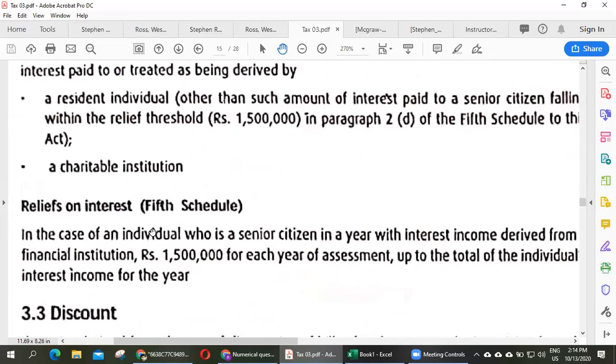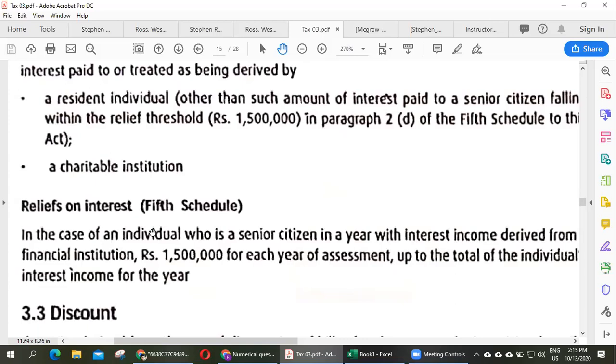The bank will not deduct any withholding tax as long as the interest income is up to 1.5 million. So up to 1.5 million in a senior citizen account is not taxable.